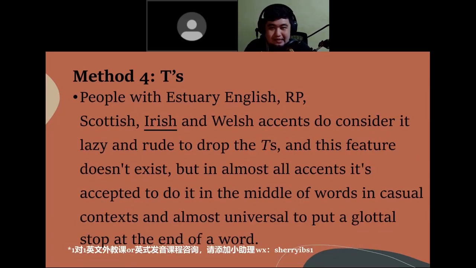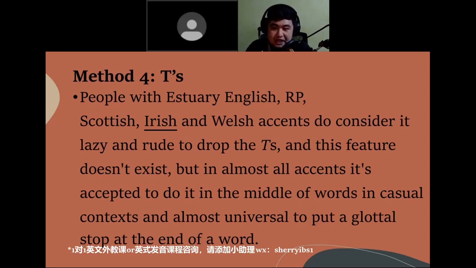Next, T's again. People with Estuary English, RP, Scottish, Irish, and Welsh accents do consider it lazy and rude to drop the T's.